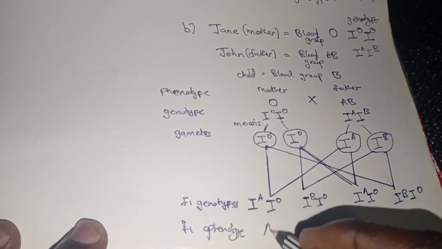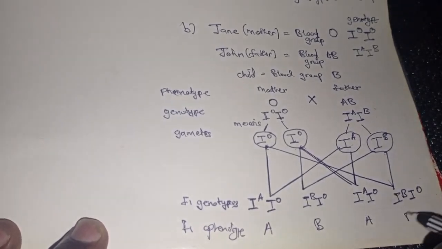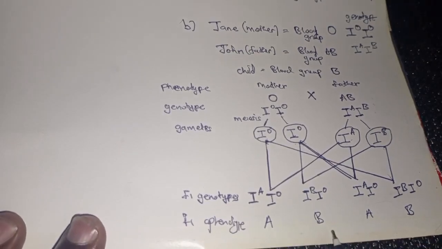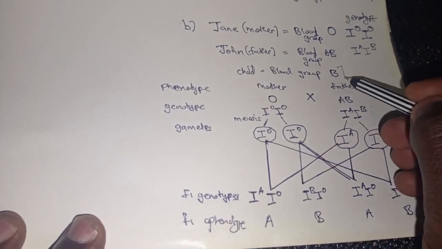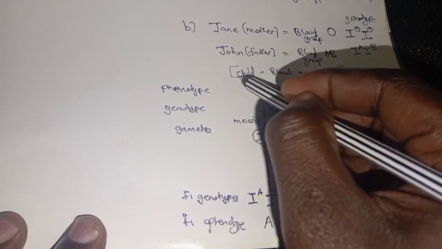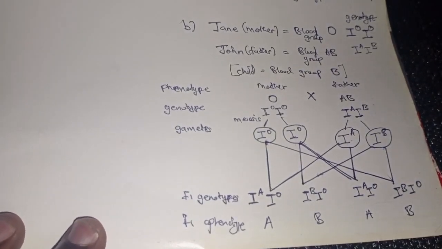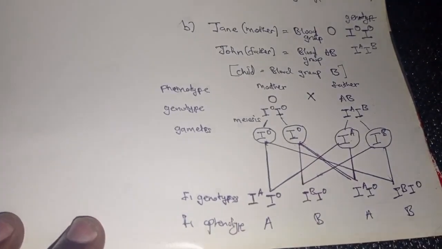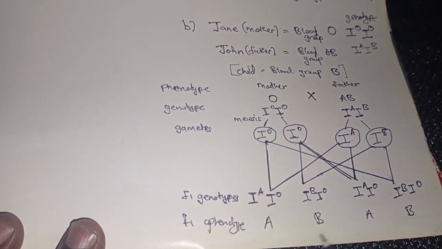So this is blood group A, this is blood group B, this is blood group A, this is blood group B. Now when we see the phenotypes here, the child was blood group B. So this concludes that John could be the father of the child, because he is able to produce blood group B.